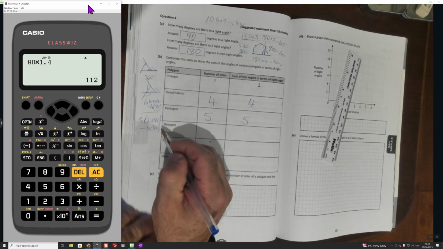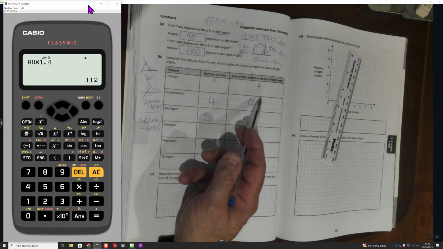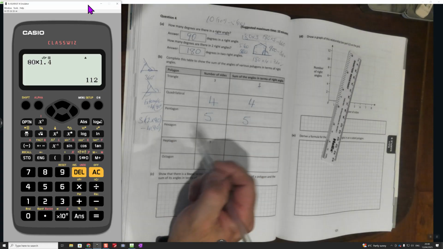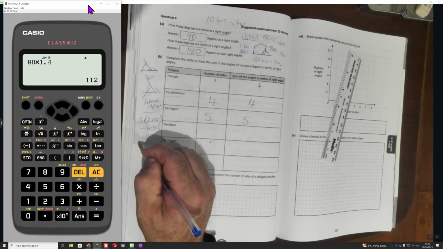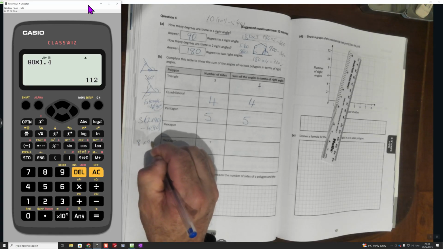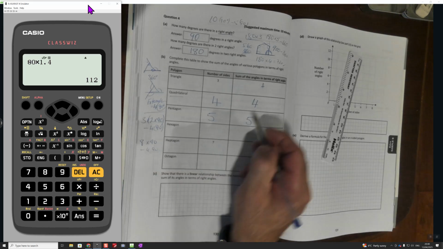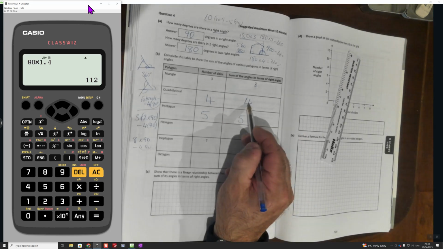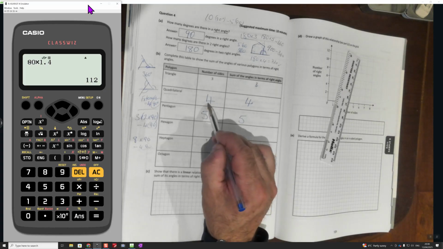Always subtract 4 90s, and you get 2 90s, which is 180 degrees. And the next one, in a quadrilateral, you would expect 8 90s, take away 4 90s, and you're left with 4. Now don't be fooled by that. It's a special case that these are both 4.